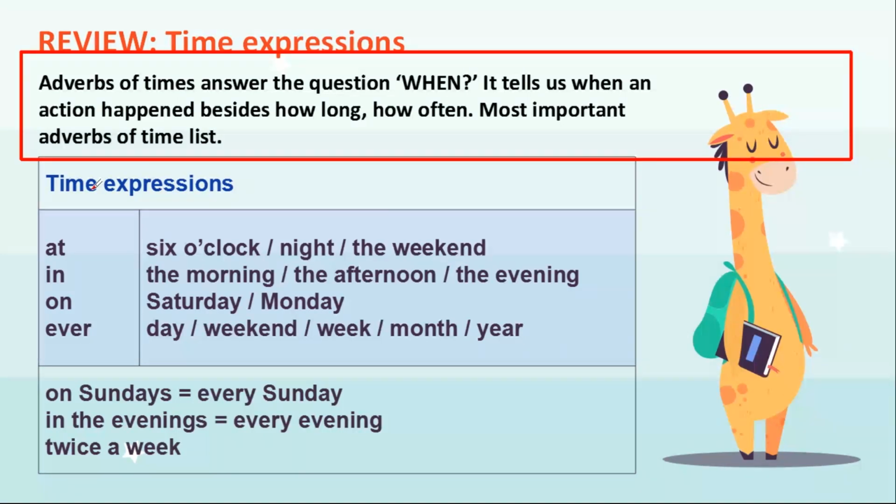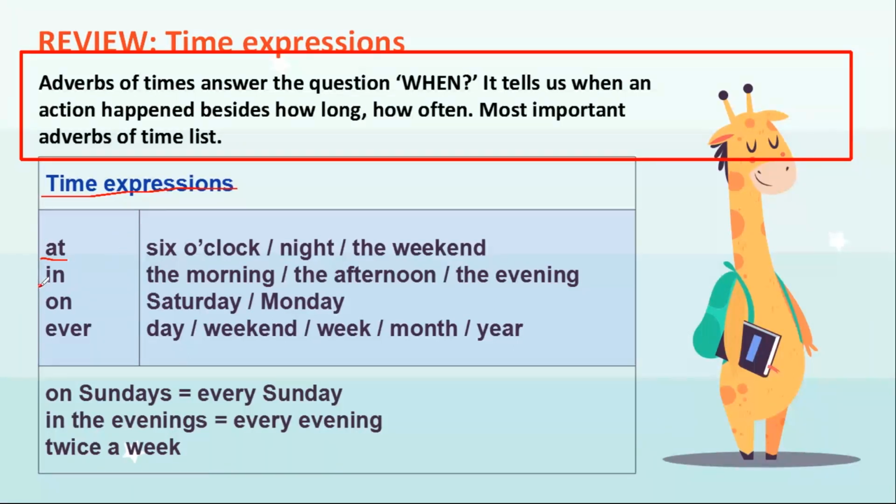Okay, so here, Kim, we have time expressions. When you say at, you can say at 6 o'clock, at night, at the weekend. Example: when do you learn English? I learn English at 7 o'clock. I learn English at night.